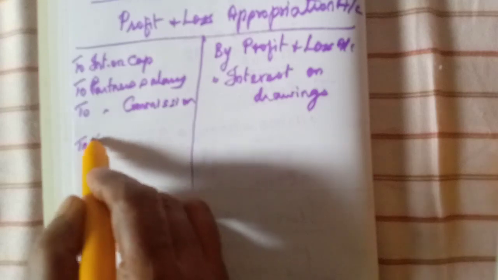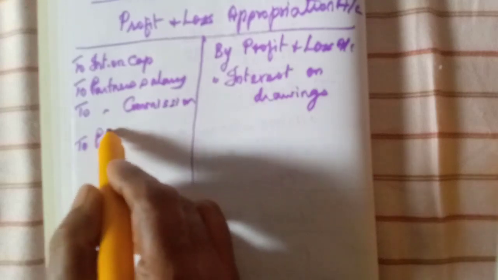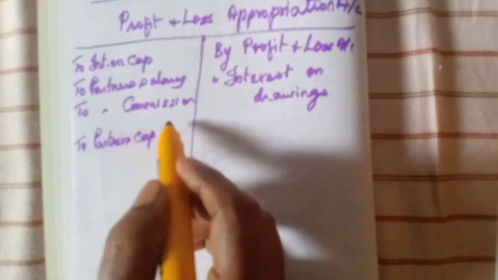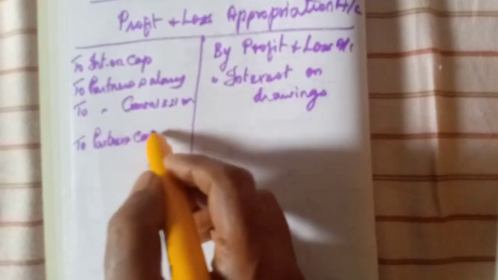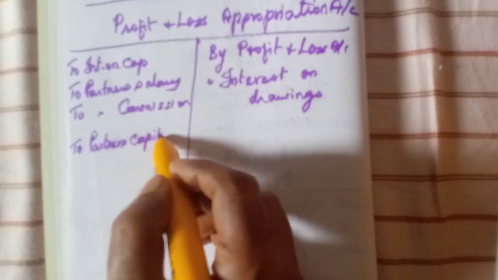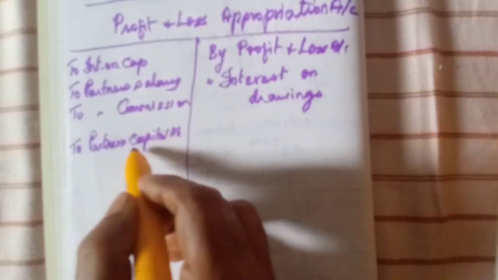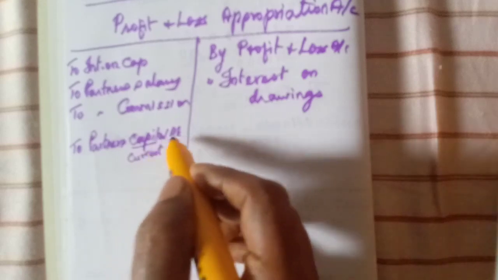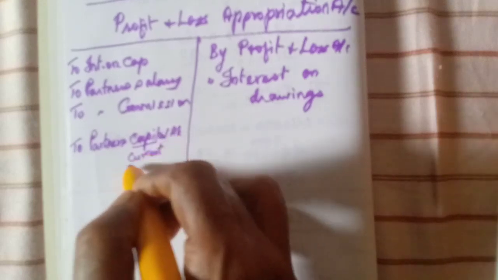The balance will be transferred to the partners' capital account or current account. If it is profit, the partners' capital account must be credited, or the current account. Why current account? If they follow the fixed capital method, current account.